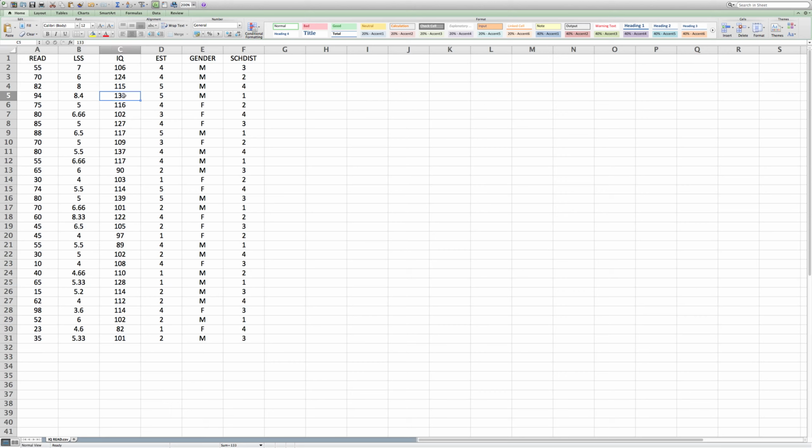Guys, here we have IQ. If you buy into that stuff, this column's for you. Personally, I've taken, I think, 11 IQ tests, and I've never scored the same thing once, so who knows about IQs? EST is a self-assessment, where the student estimated their own reading level.